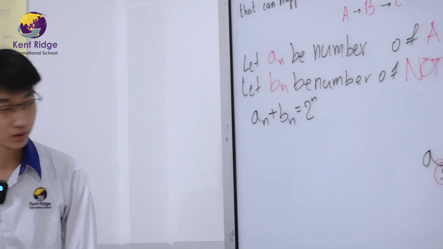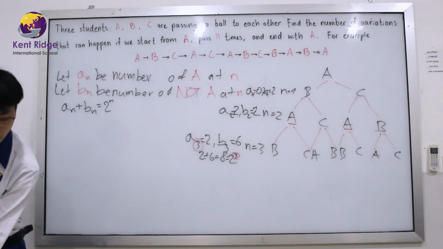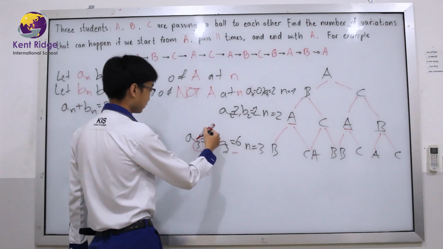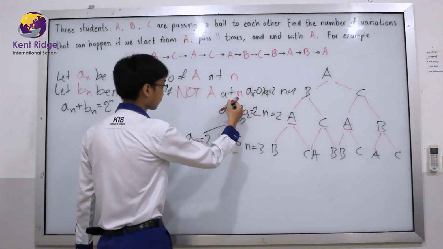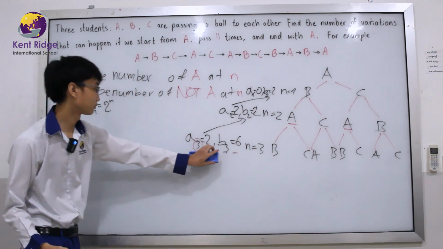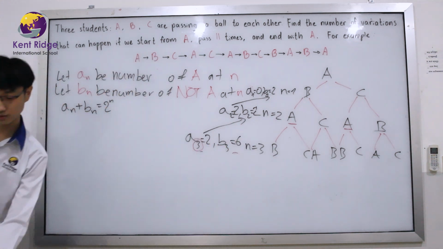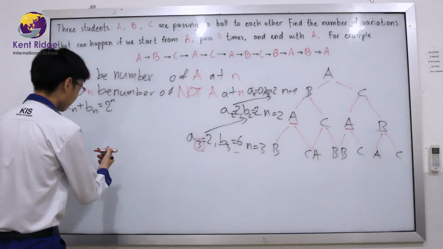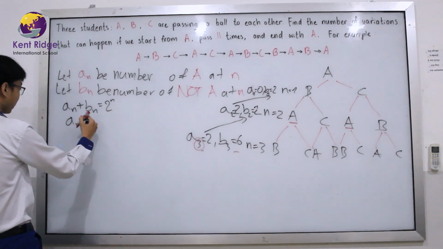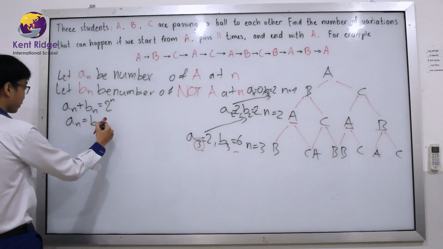Another connection we want to make is that this number and this number is equal. And hence, we can represent it as A n is equal to B n minus 1.